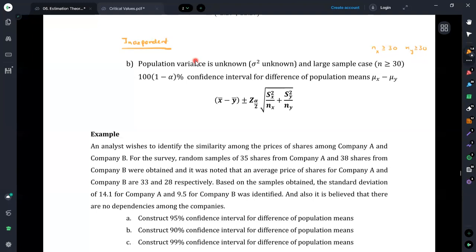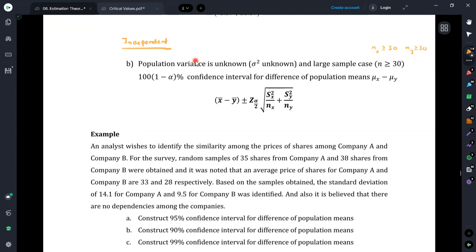The only difference compared to the previous one is that since the population variance is unknown, we have to replace it with the sample variance. But we can still use the critical value z alpha over 2 associated with the normal distribution, since we are considering large samples.